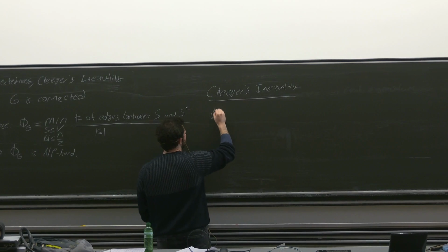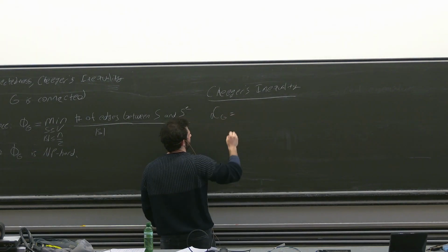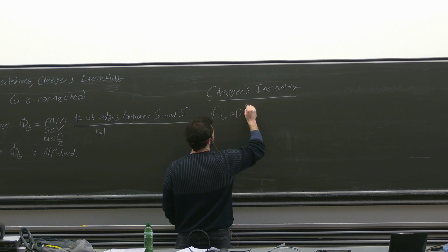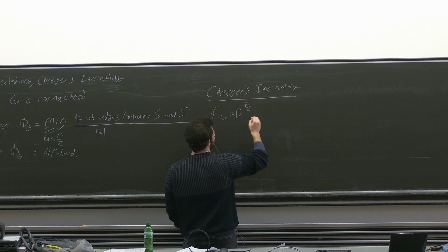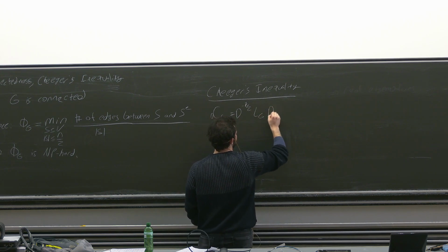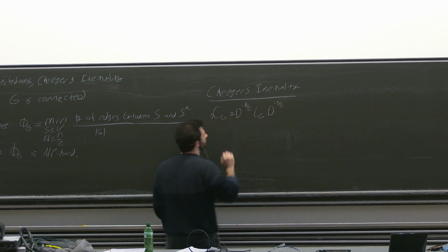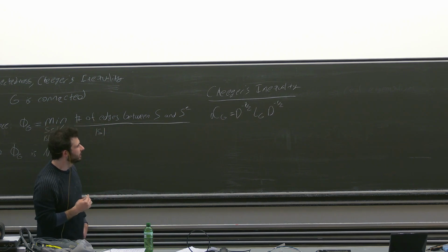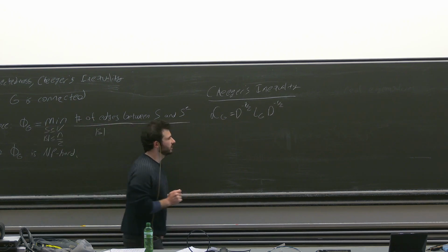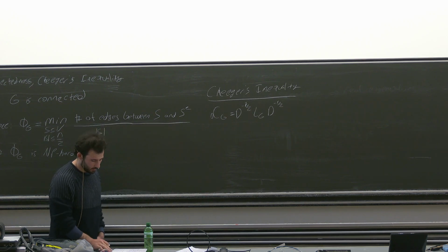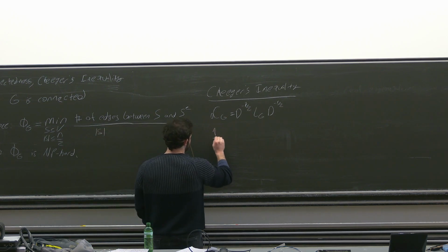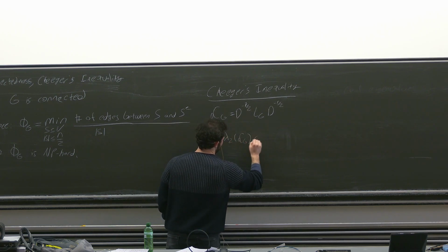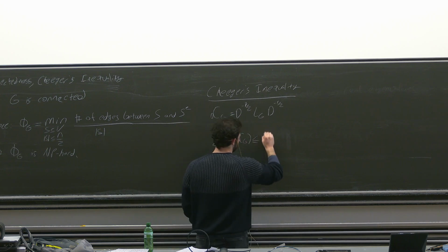So we define this matrix, L G tilde, called the normalized Laplacian: D to the minus 1/2 L G D to the minus 1/2. We can define D to the minus 1/2 since D is a diagonal matrix with all positive entries, and L G here is our normal graph Laplacian.